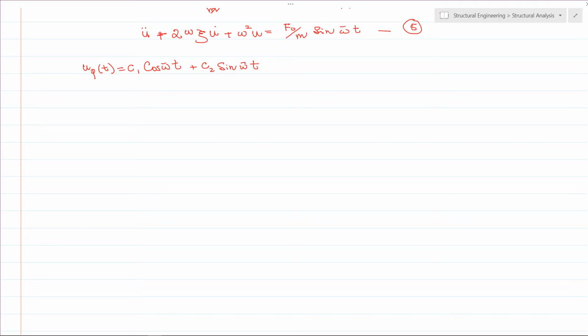What we can do now is differentiate this equation 2 times.